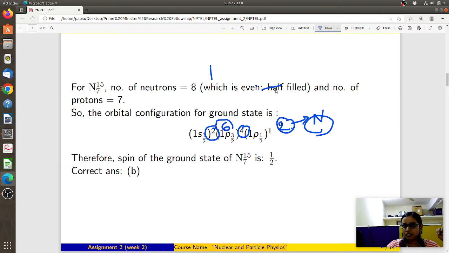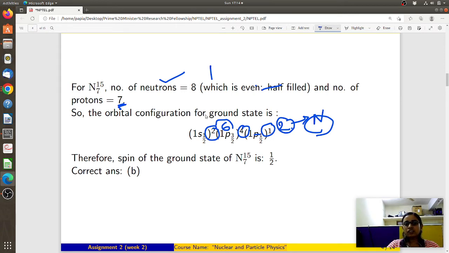So for neutrons there is no valence neutron, or valence nucleon, whatever you can say. But for the proton, Z equals 7, which means 1p 1/2 has 1. As that is not a full configuration, all the nuclear properties can be determined by that valence nucleon.